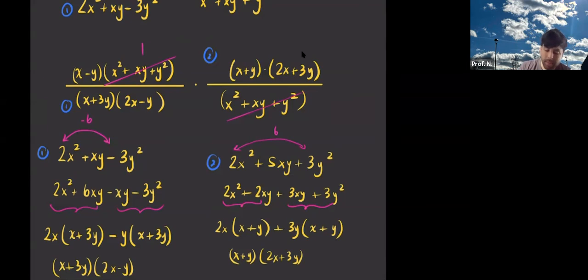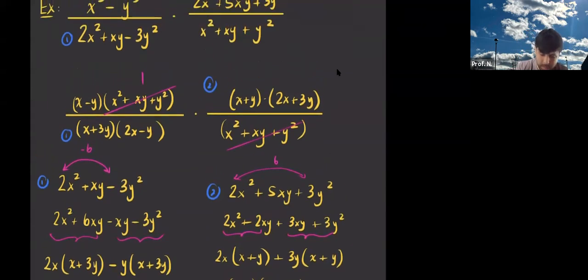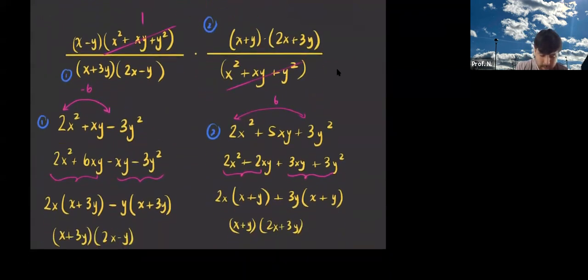The x plus, wait a minute. Something seems to be off. Is something off here, guys? Yeah, you guys can probably see it before I can. 3x minus 6.